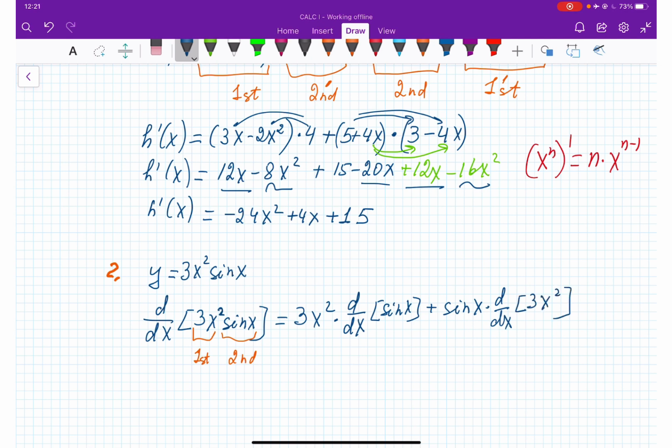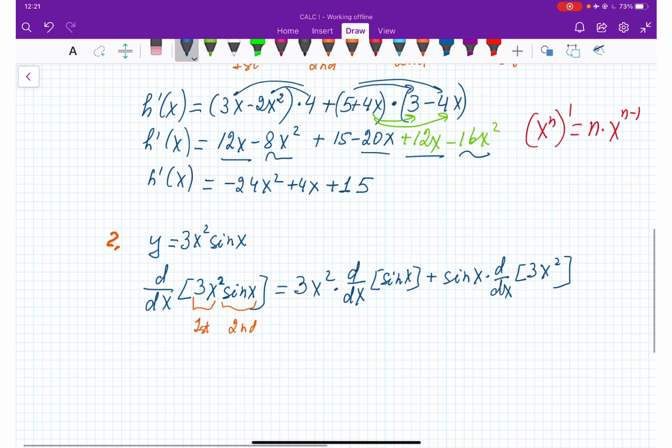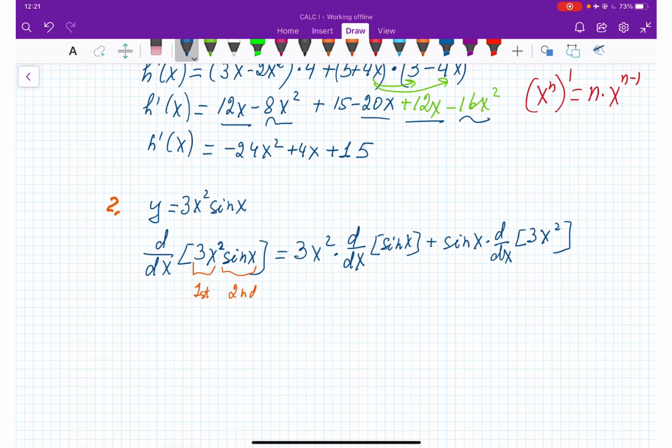Okay, so what do we get? It's going to be equal to 3x squared. The derivative of sine x is going to be cosine x, right? Because we know from the previous video that the derivative of sine x is cosine x, and the derivative of cosine x is negative sine x.